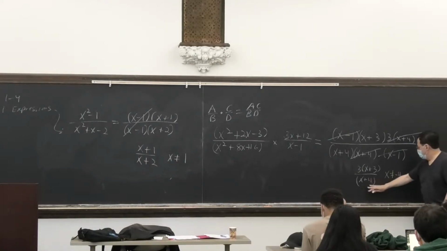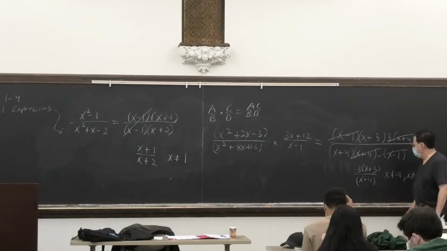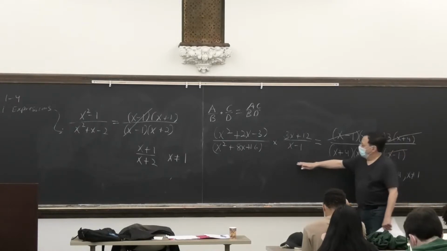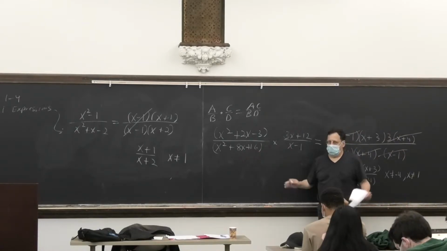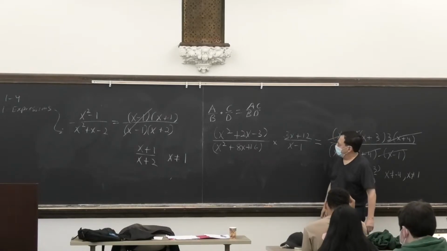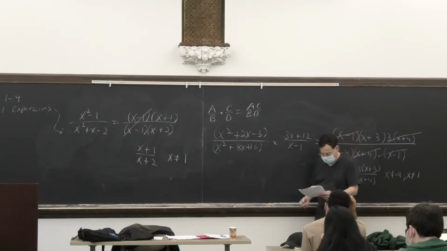I mean, you wouldn't try and plug in minus 4 here anyway. But you might try and plug in 1, right? You get 12 over 5. But if you plug that into the original expressions, you'd end up with an undefined answer.